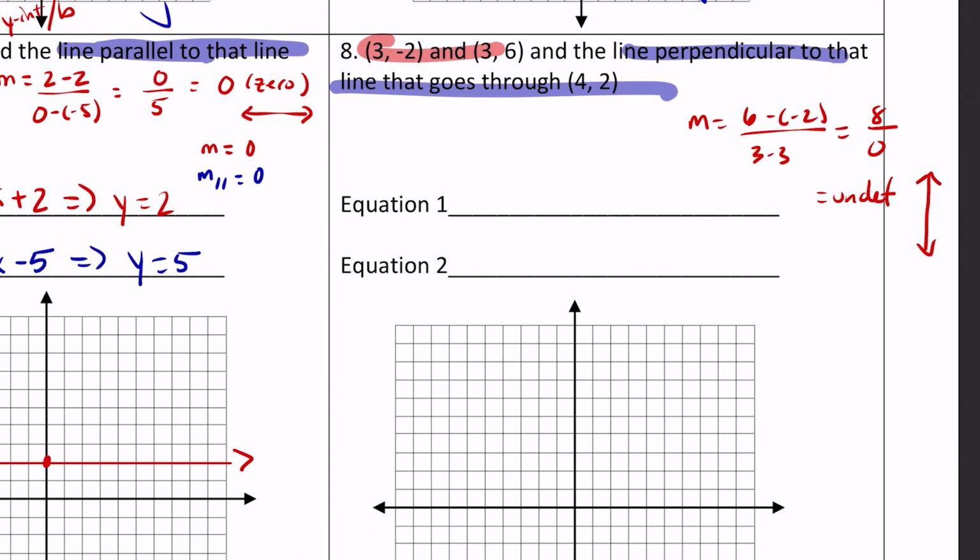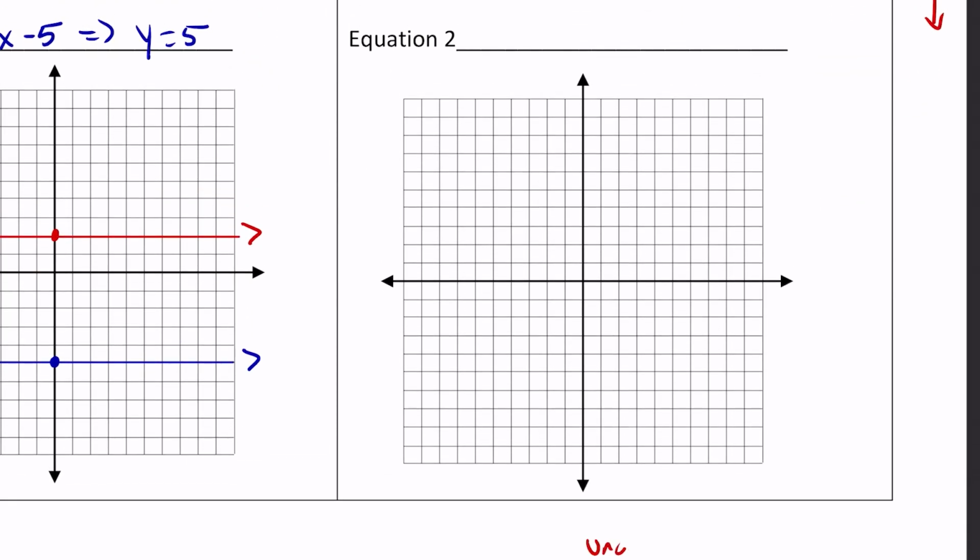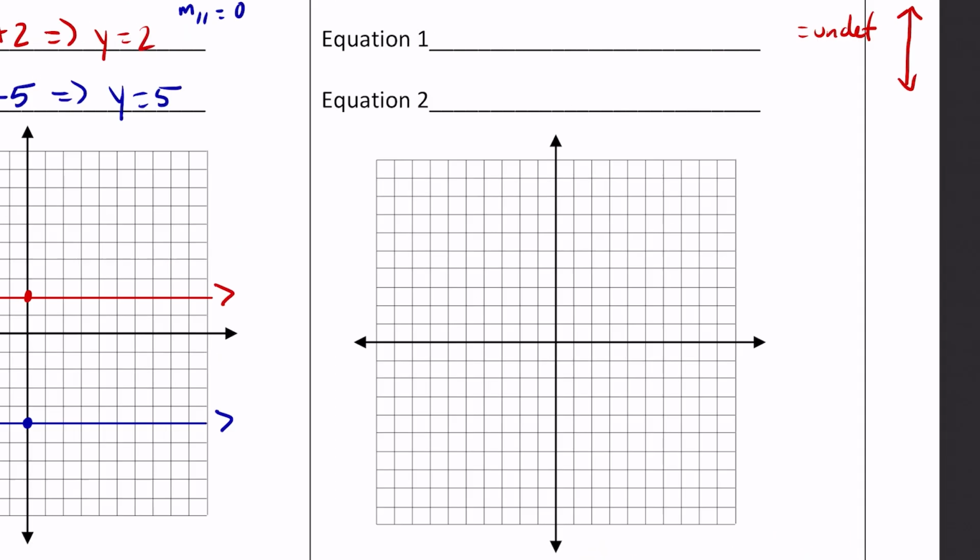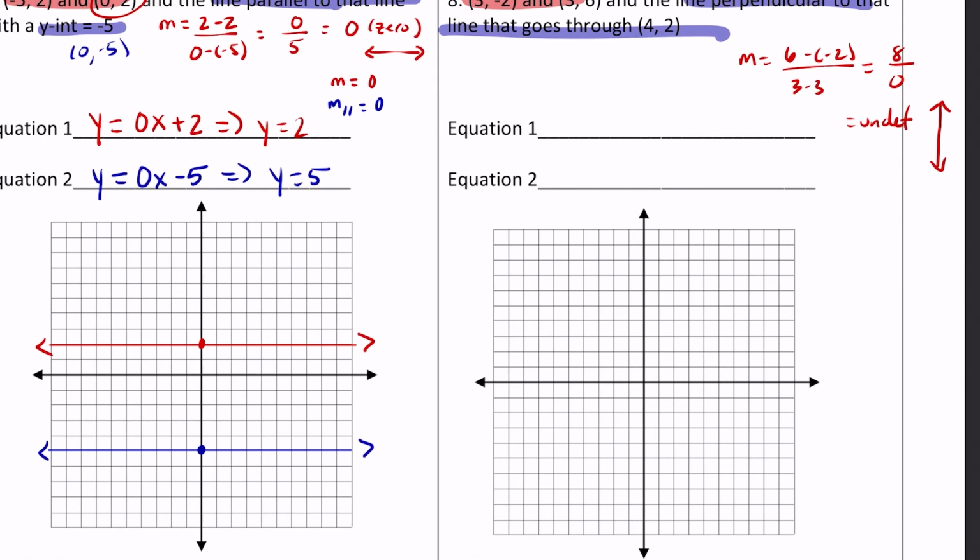So, yes, we have that. Then we need to figure out what is perpendicular to this. So here's my slope, right? And it's undefined. With undefined, it has a 0 in the denominator. So what do you think I do if I have a 0 in the denominator when I'm talking about perpendicular? Perpendicular to an undefined line, what is that? Well, it's this, right?